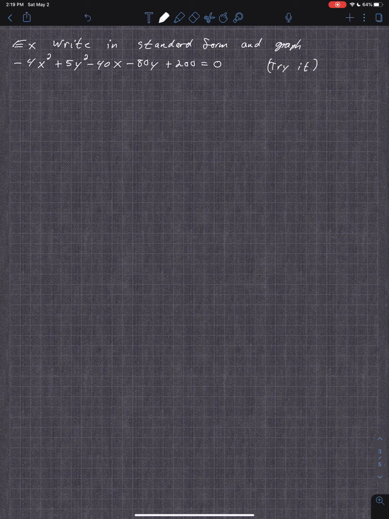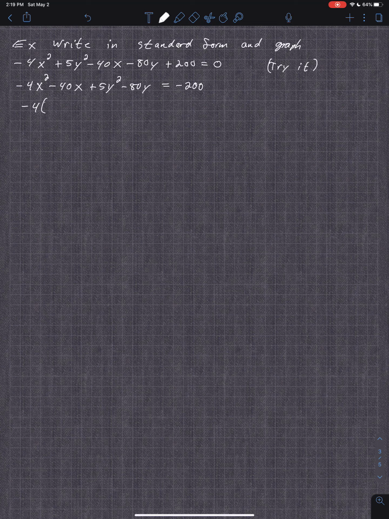Okay, so coming back, let's go ahead and do this. So we're going to say negative 4x squared minus 40x plus 5y squared minus 80y equal to negative 200. Factor out the constant.